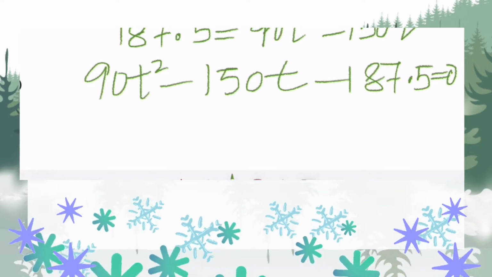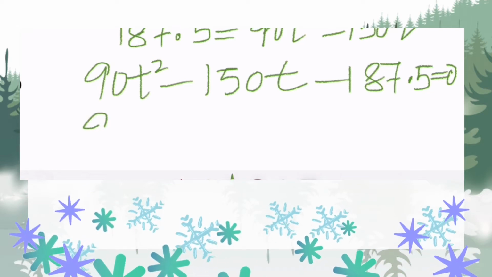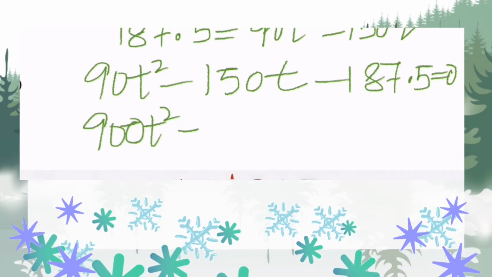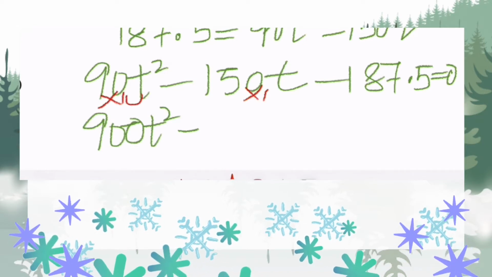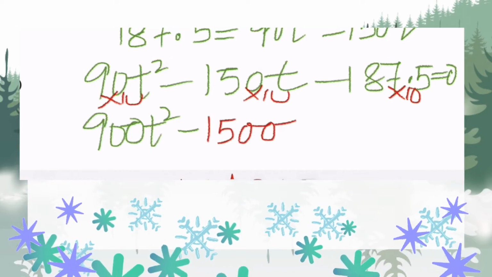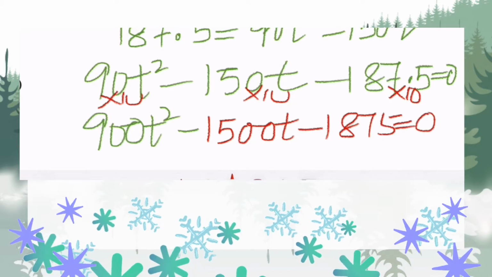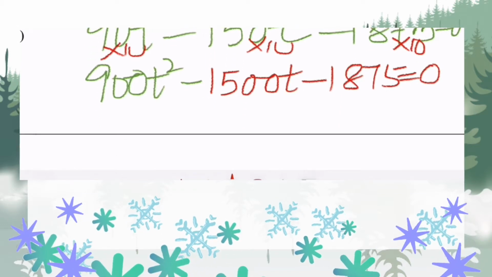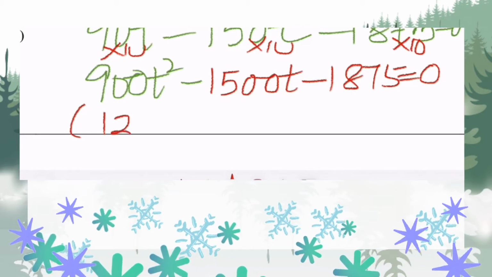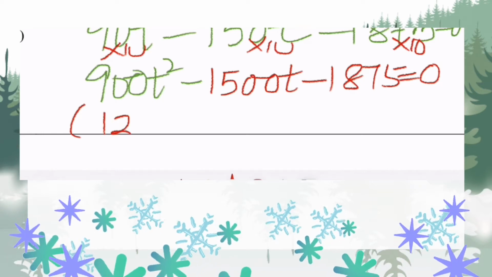We have 900t squared minus 1500t minus 1875 equal to 0. Now you write the quadratic equation in integers first before you divide by an integer, and hopefully it can be factorized. So I guess we need to divide by 75.